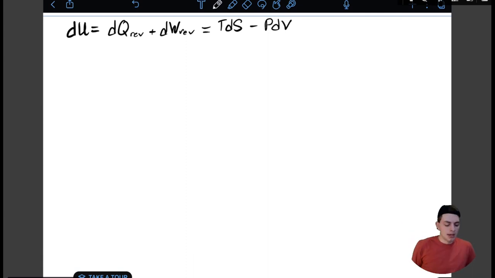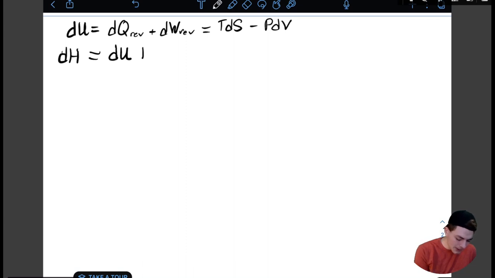Now, from here we can go ahead and use the definition of enthalpy, or rather the definition of the differential of enthalpy, being dH is equal to dU plus d of PV, or rather the differential of pressure times volume, which, again, if we were to rewrite that, would be dU plus P dV plus V dP.